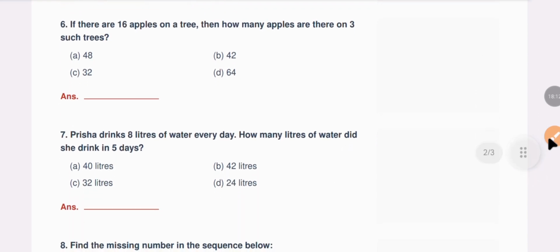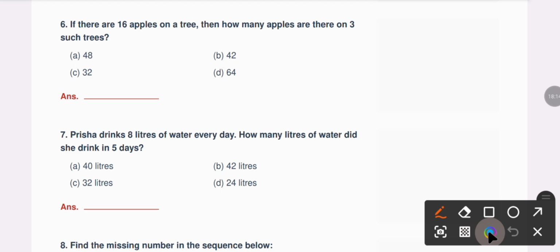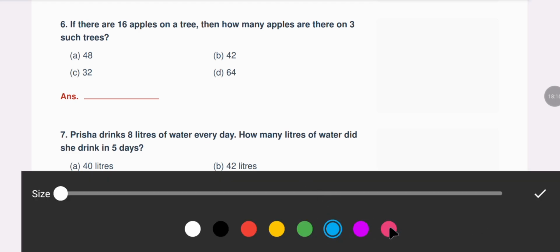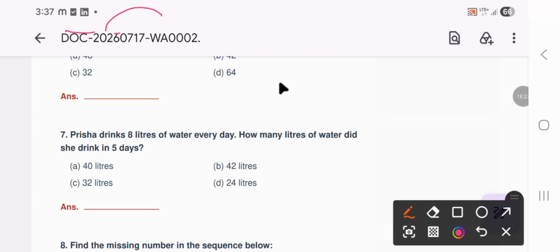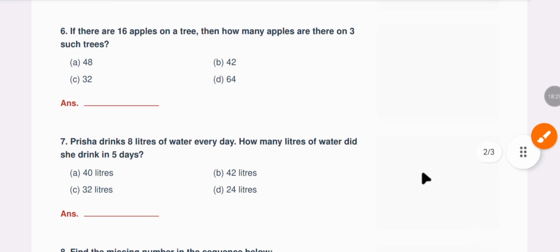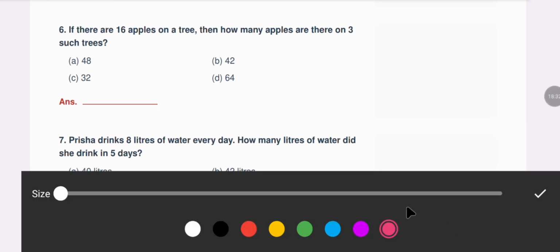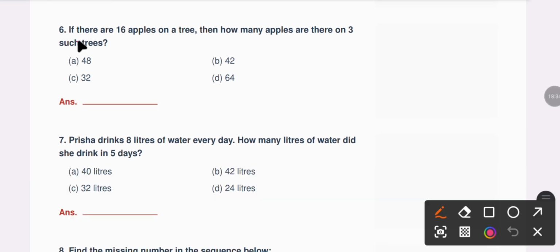Sixth question. So in this question, what we have to find: if there are 16 apples on a tree, then how many apples are there on three such trees? Three such trees, same tree.